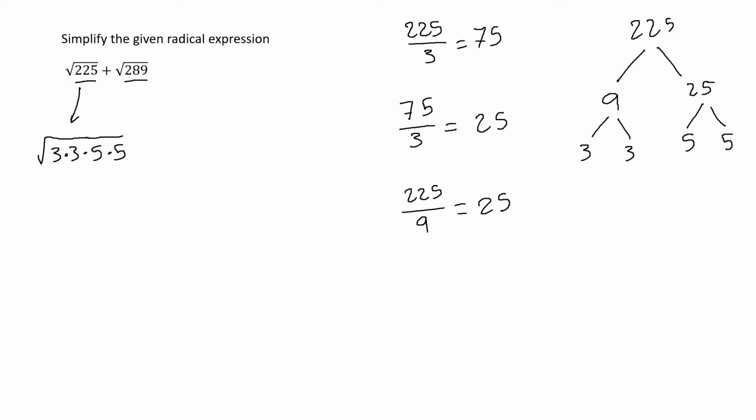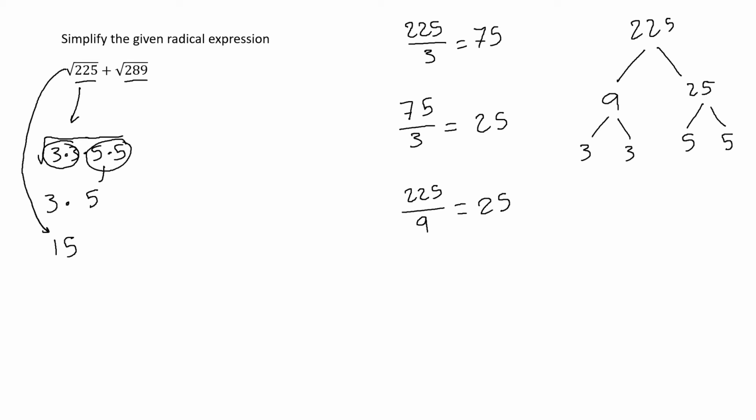In square roots we look for pairs of numbers. For each pair you take one value out, so that's 3 times 5, a pair of 5s. We take one of them out, and that's 5. So 3 times 5 is 15. So 15 is the square root of 225.